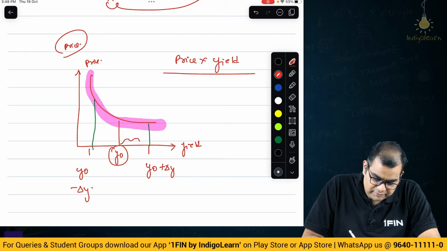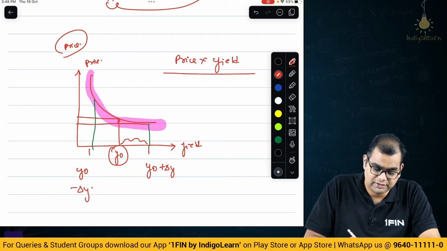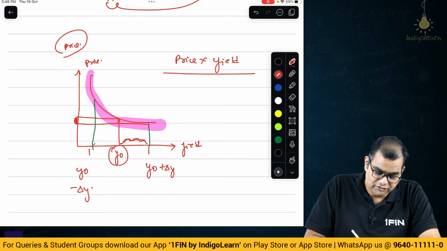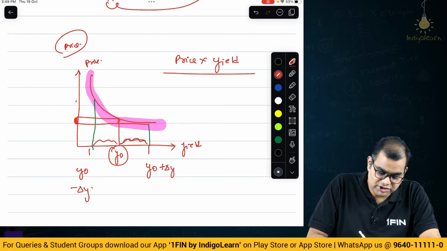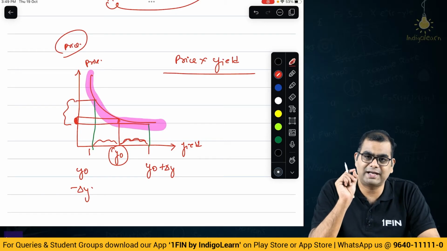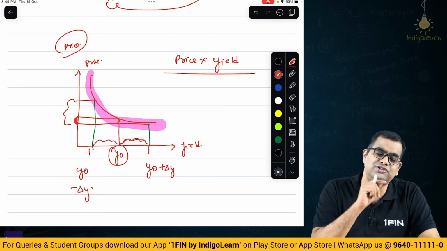So what happens is, for the same level of movement on this side, there is a change in price of this much. Whereas for this level of movement on the other side, the same delta y, there is a change in price of this much. So for the same small delta change, when you do plus, you get a different change, and when you do minus, you get a different change.